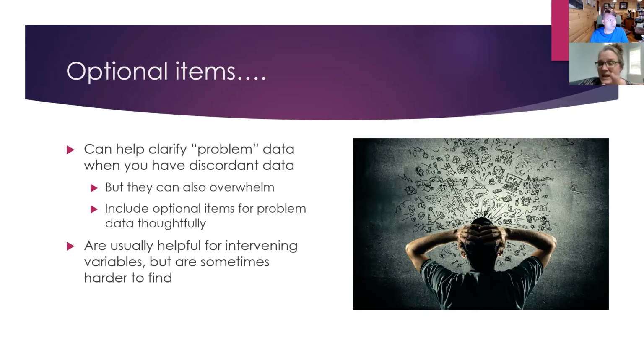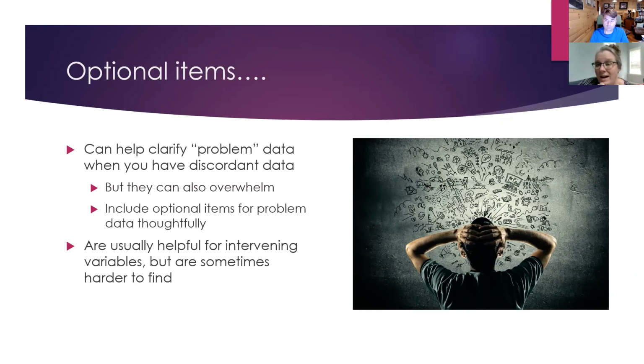But when we're thinking about our problem data, one of the greatest challenges that we had last year is people had a lot of data. Very often those data sources had very similar findings. And so having a lot of data didn't really help us decide if we had a big problem, but it did overwhelm us.